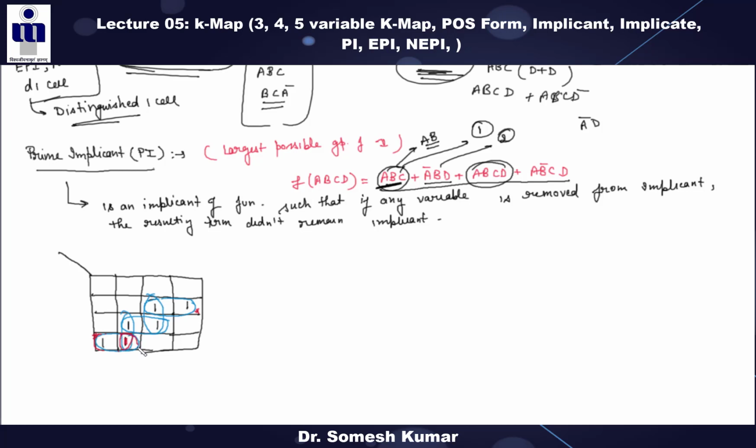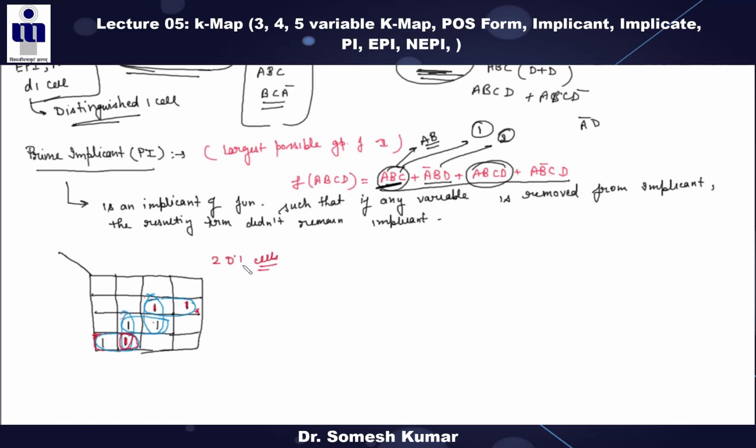This is one, this is a second circle, so overlapping is there. Similarly in this one, and this one, overlapping is there, while in this one there is no overlapping. So how many D1 cells are there in this K-map? There are two D1 cells in this K-map.